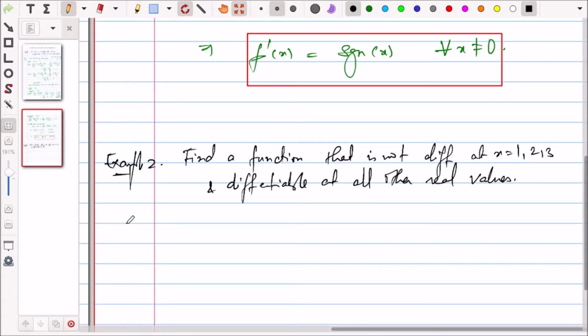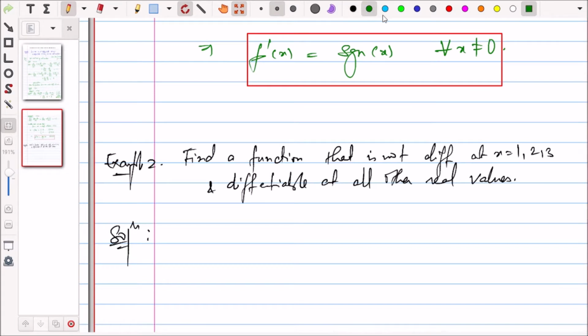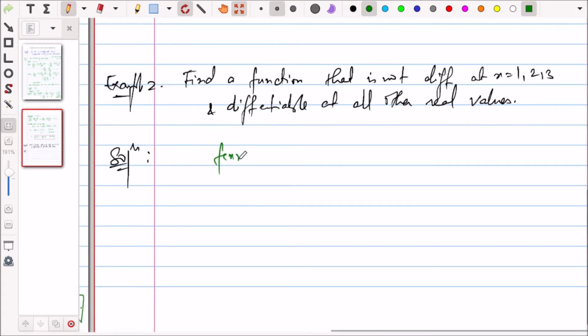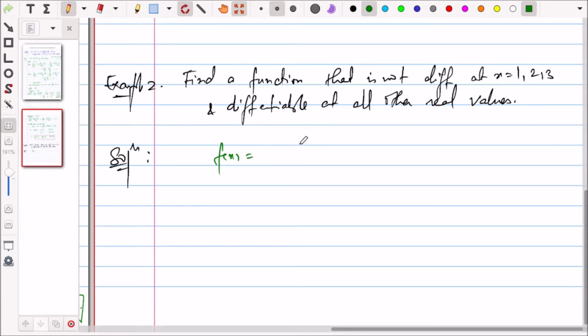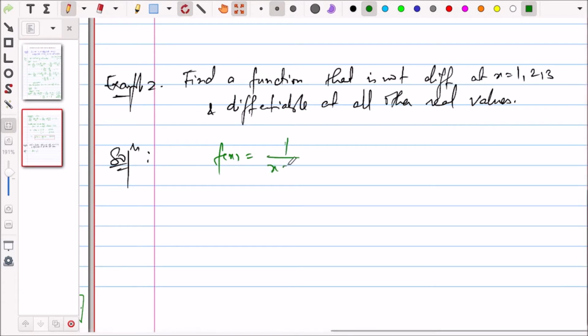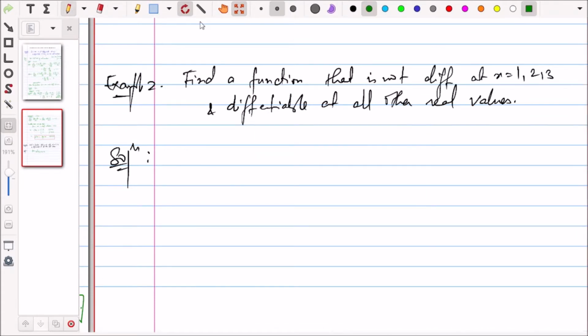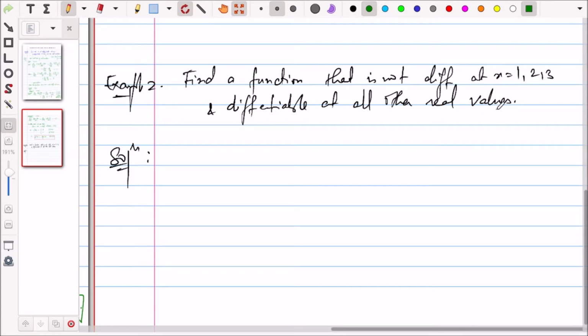Guess what function we should take? So 1 by (x minus 1)(x minus 2)(x minus 3). This will not be defined, right? It should be continuous. Okay, let us take another thing.